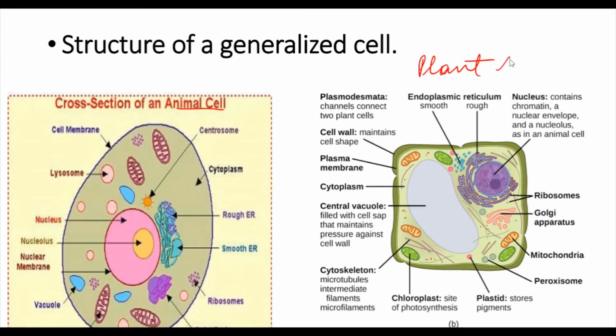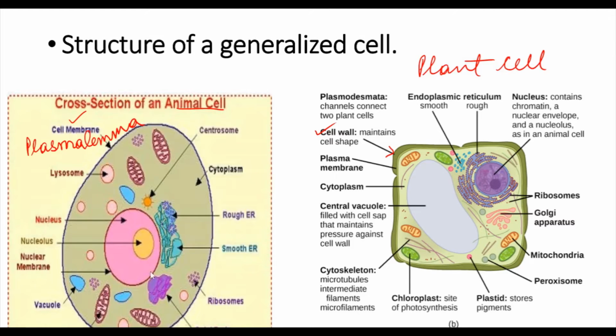In case of a plant cell, children, as I told you before also, the outermost covering is the cell wall, whereas in case of an animal cell, the outermost membrane is the cell membrane, also known as plasmalemma or plasma membrane.